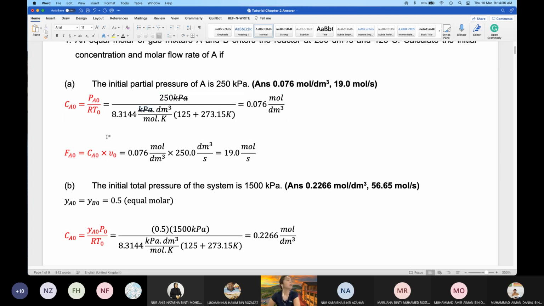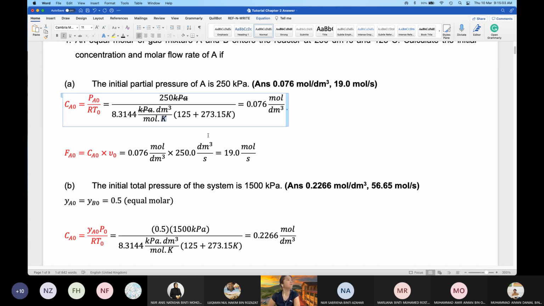Done. Next, I have to multiply with T0, the initial temperature. This part you have to be careful, because the unit of temperature in our gas constant is Kelvin. So naturally, we have to convert the temperature in the calculation to Kelvin immediately.